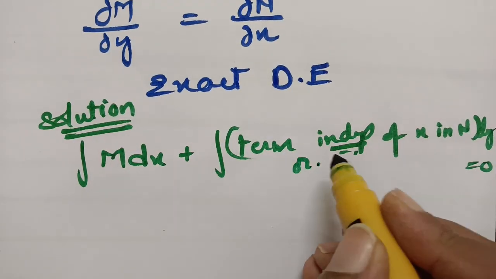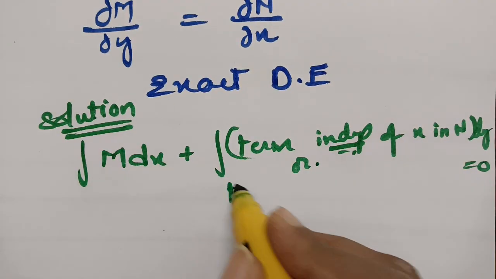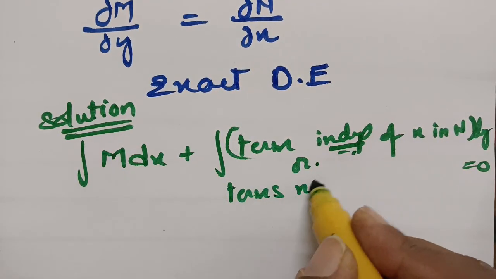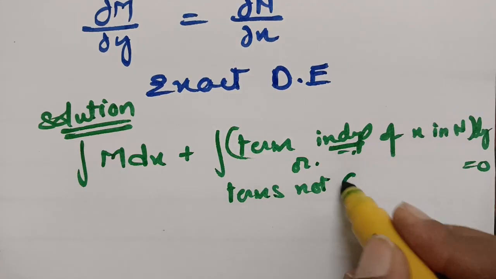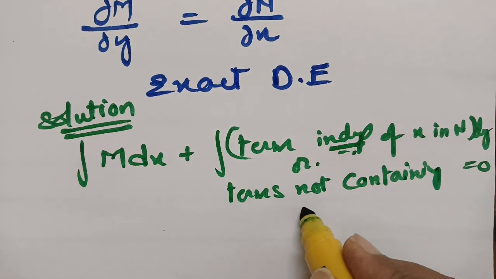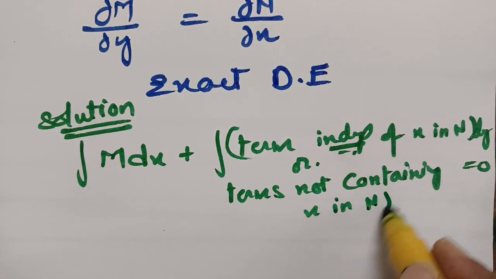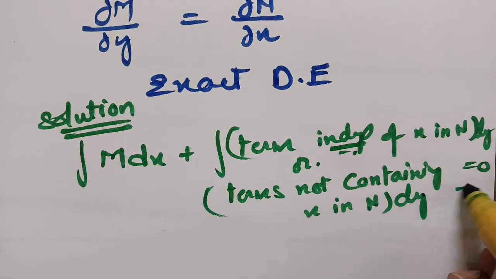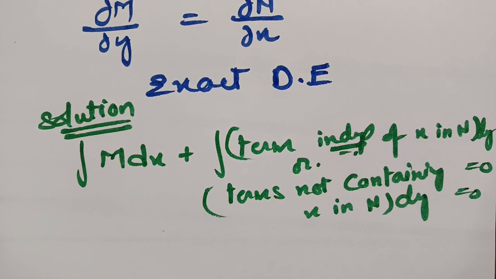Or else, the terms not containing x in N, of dy, is equal to 0. So this is the solution here.